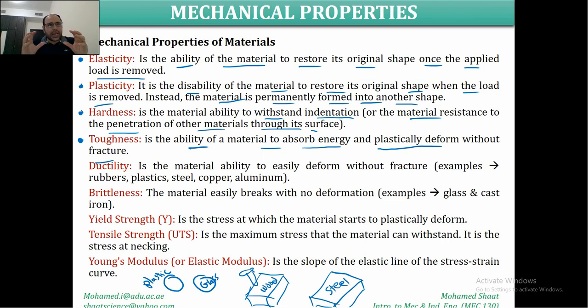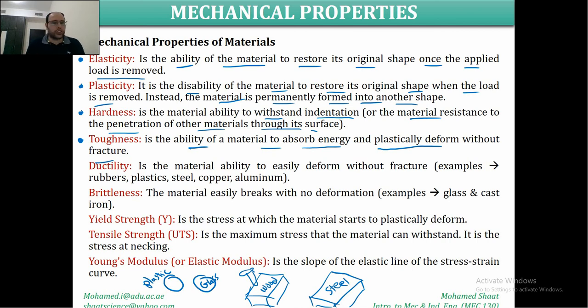So it means that the plastic ball has the ability to absorb this impact force without fracture, and even if it is plastically deformed, no problem, it will bounce again. It counts that this plastic material has more toughness than the glass material.